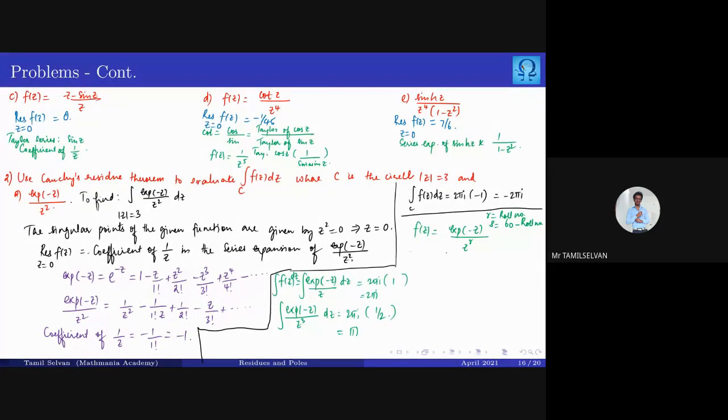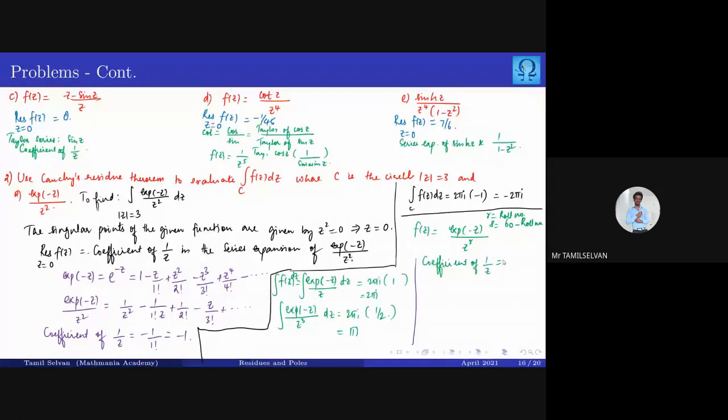Okay. Now let me do the generalization. In this expansion you are just looking for the coefficient of 1 upon z, am I right? In the generalized sense, what can be the coefficient of 1 upon z?